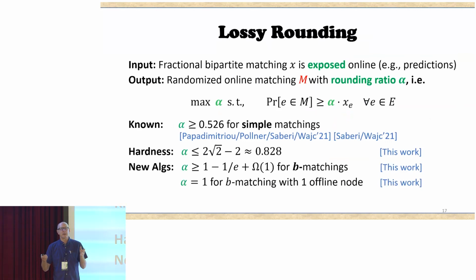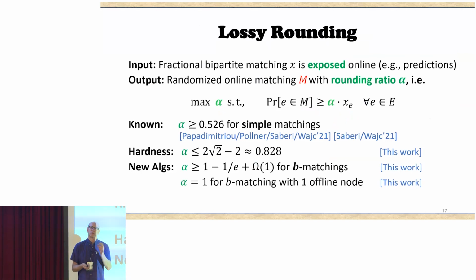So 1 minus 1 over e is like a magic number which appears a lot in competitive factors of online algorithms, especially for matching. For this specific problem, we can go beyond 1 minus 1 over e by some small constant, and this is actually achievable for B matching.